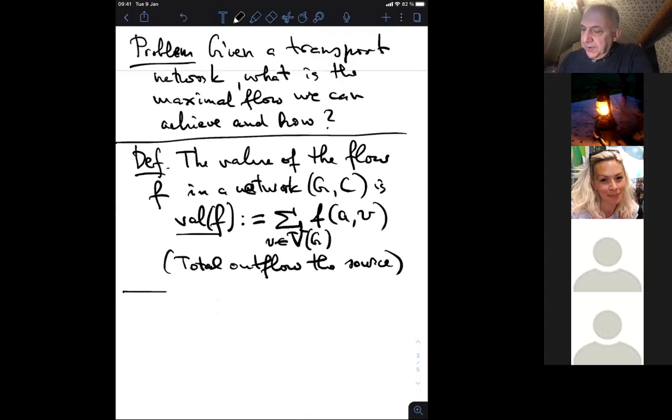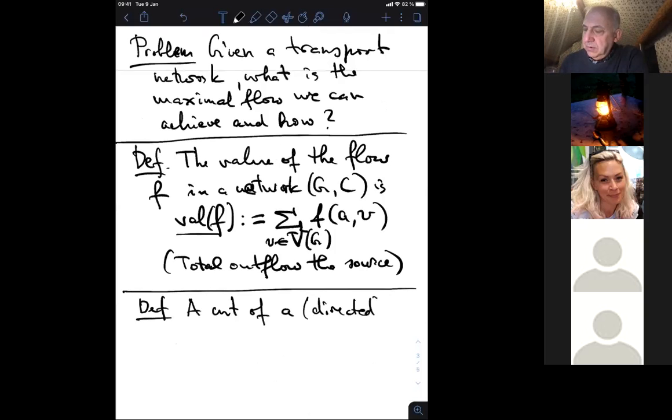Now we have to define a cut. A cut of a directed graph G is just a decomposition of its set of vertices into two groups.